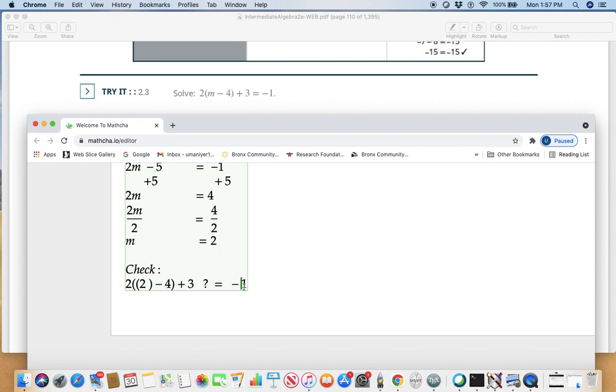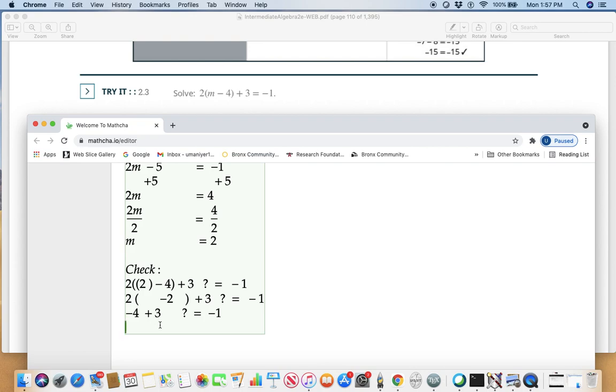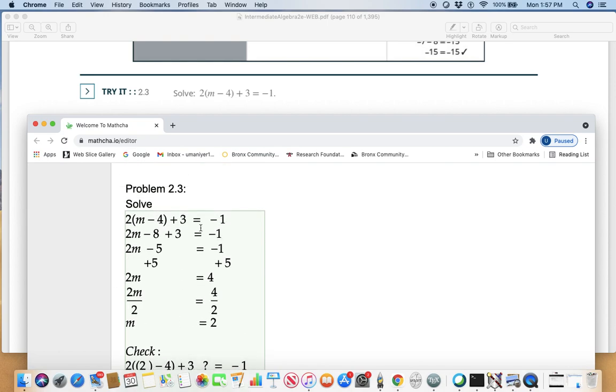All right, let's continue. 2 minus 4 is negative 2. 2 times negative 2 is negative 4, plus 3 question equals negative 1. Well, negative 4 plus 3 is indeed negative 1. So m equals 2 solves this equation.